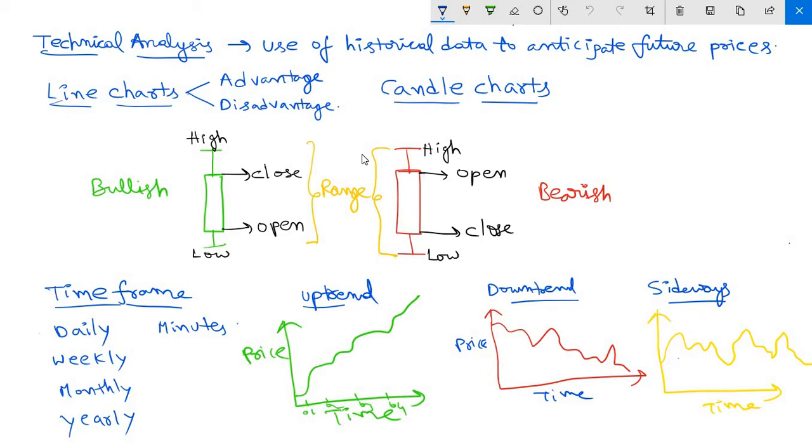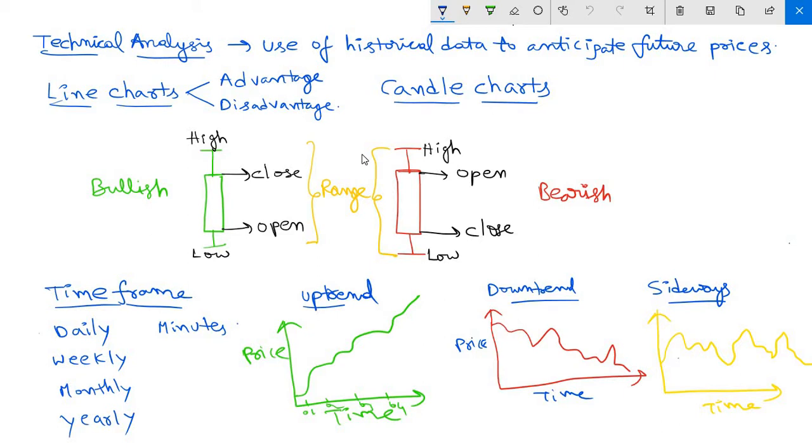For doing that, you need information. You have all the historical information, like how this stock performed in the previous time. In technical analysis, we only use the price of the stock, and there are other factors like volume, but we'll not go into that.